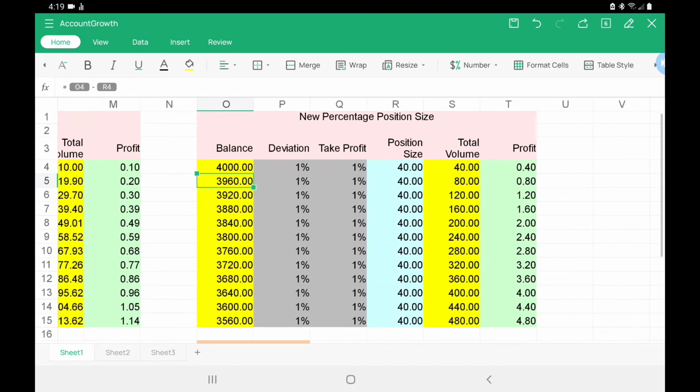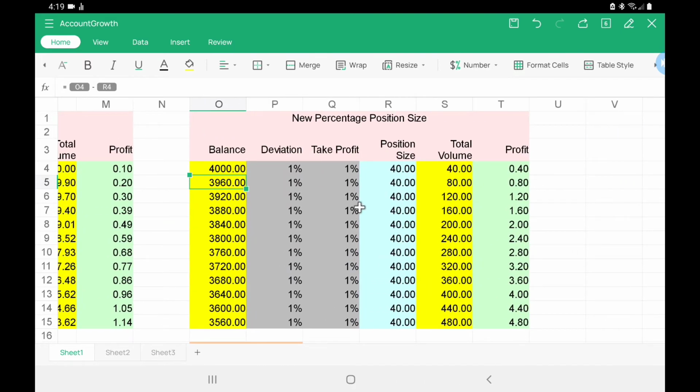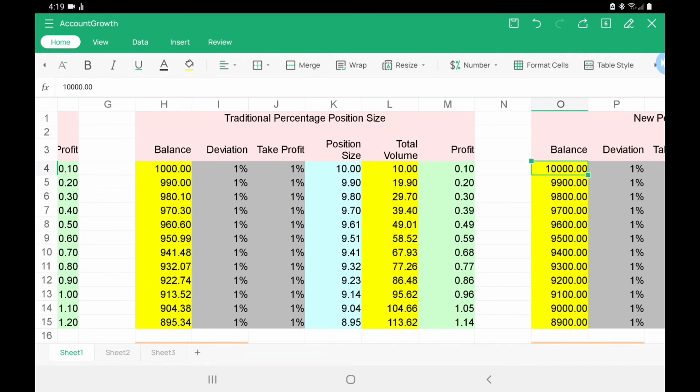The new approach, the position size remains the same consistently throughout the entire trade cycle, and that has a huge impact on the profitability. Let's set both accounts to a $10,000 budget and actually compare how that will affect.